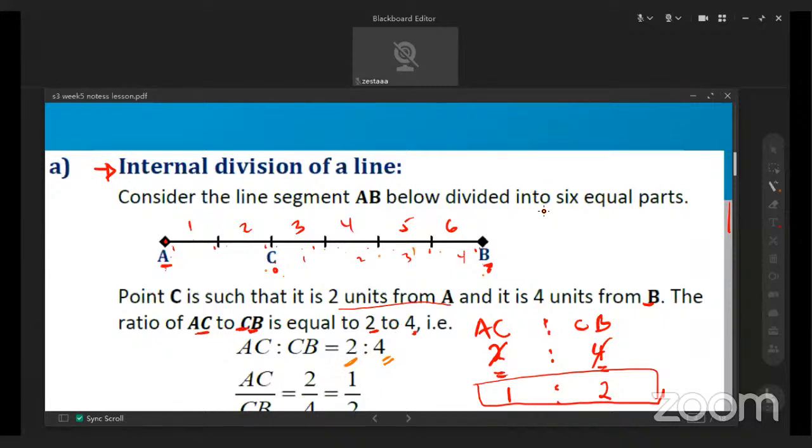Once C is between A and B, it's internal division. But when C is outside this line, it becomes external division. That's where the differences come in.